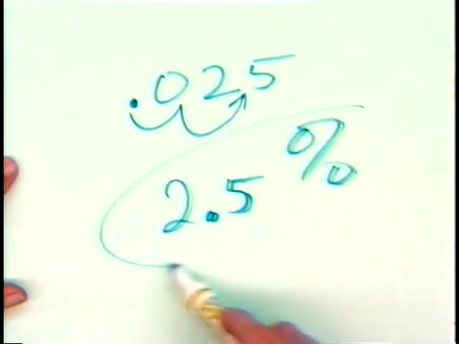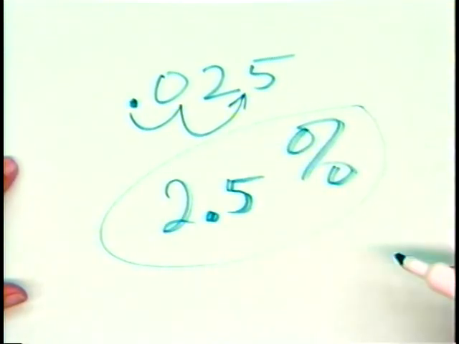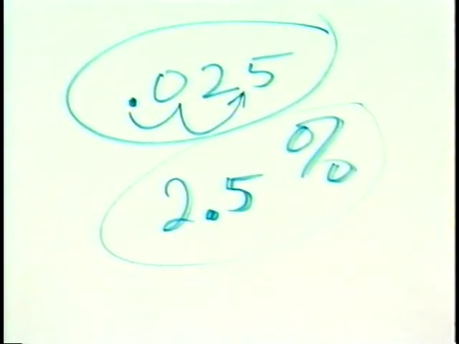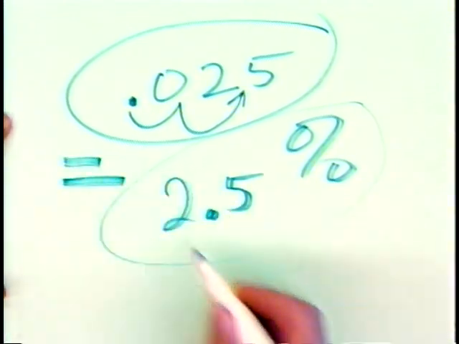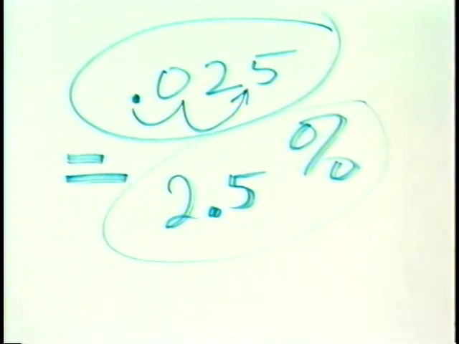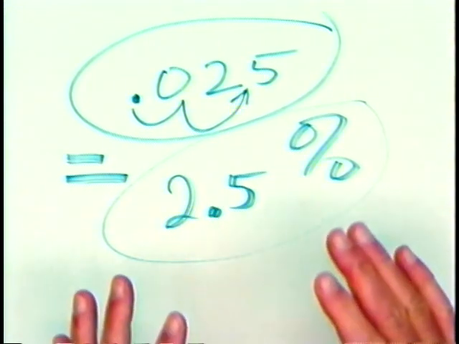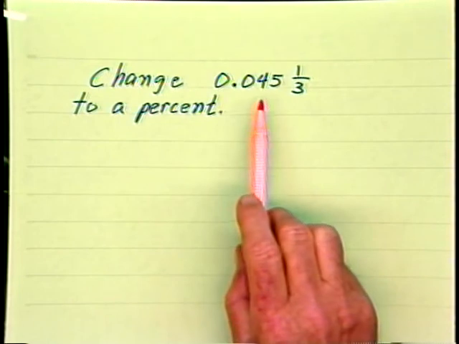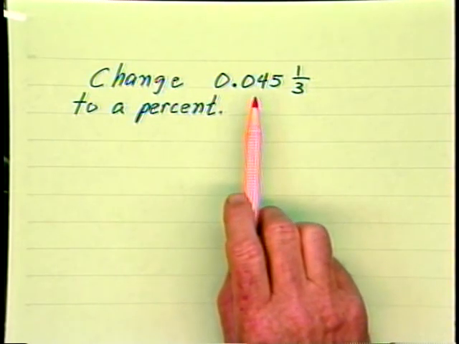So this number, 2.5%, and this number, 25 thousandths, are in fact the same number, just written differently. It's very important that you have that idea crystal clear in your mind throughout this chapter. And that applies to all situations, regardless.